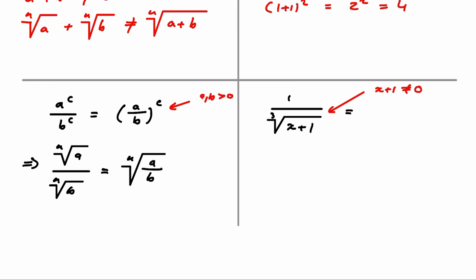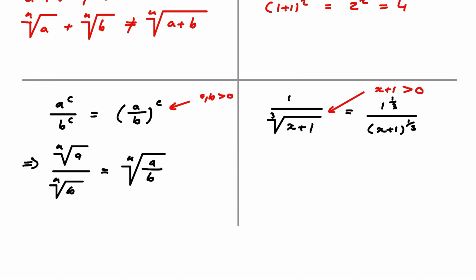So let me write this down as 1 to the power of a third. It's kind of a strange way to do it, but it's going to fit nicely with what's on the left-hand side. So I've got this. And now this is equal to what? Well, I should be careful here because I'm not 100% certain this formula is going to work, but let's be safe. Let's be completely safe and assume I'm positive here. It will actually be true for negative x plus 1, but it doesn't quite fit with the pattern.